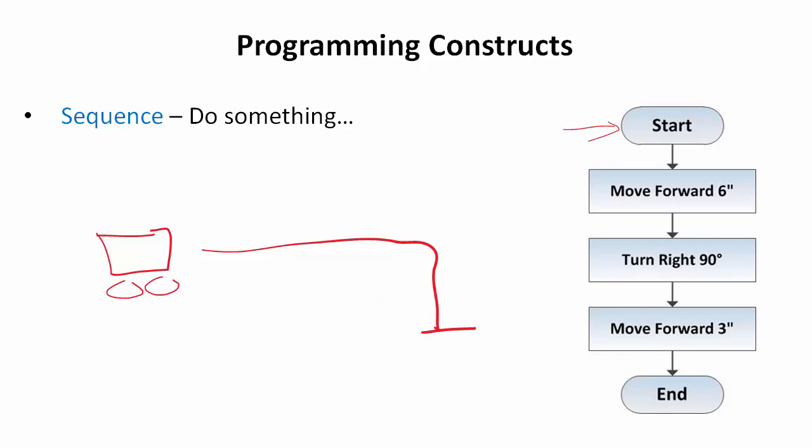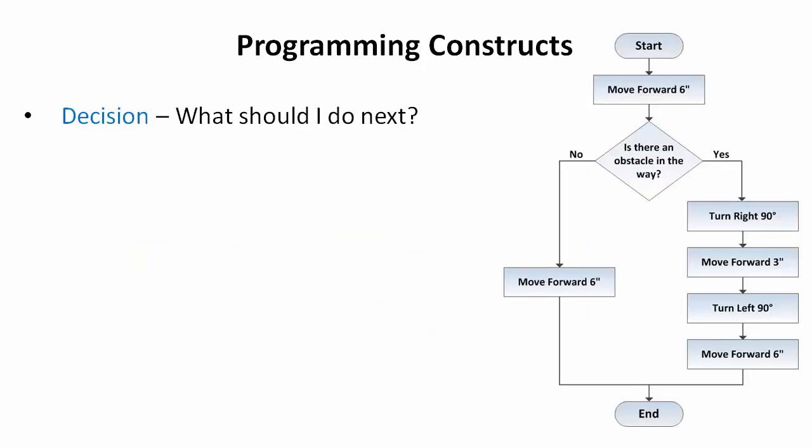Then let's look at the second programming construct, which is going to be a decision. This is the flowchart for a decision, and the decision is indicated by this little diamond-looking shape. Let's walk through how this would work. We start our program, and we do a sequence, a task: move forward 6 inches.